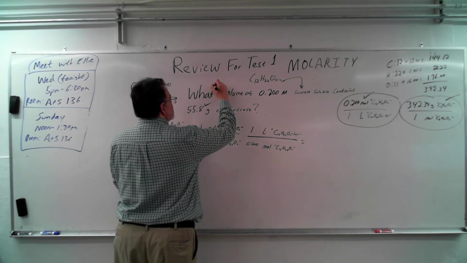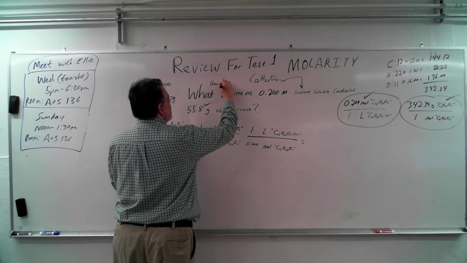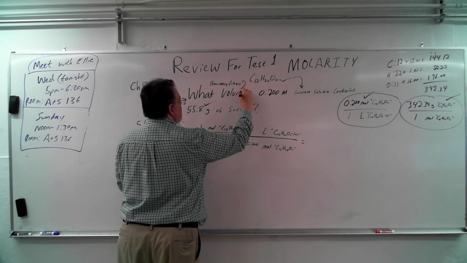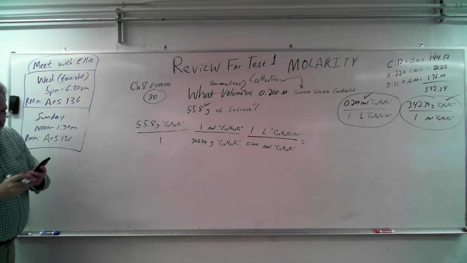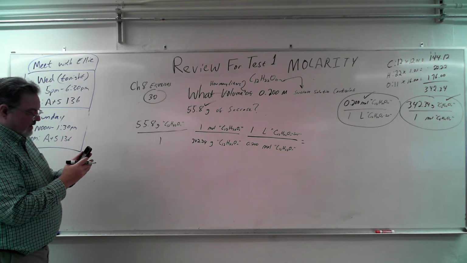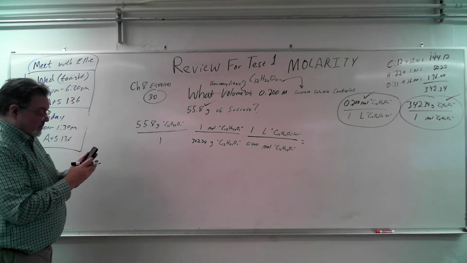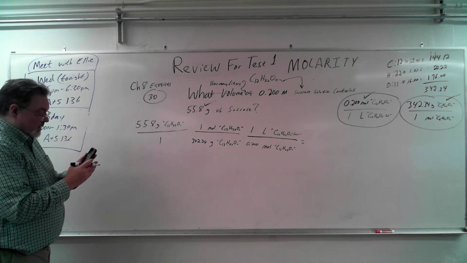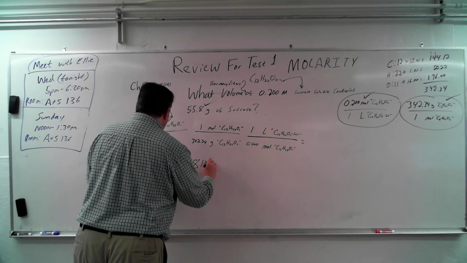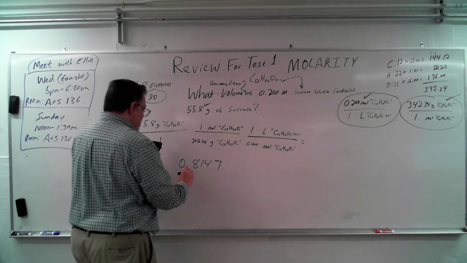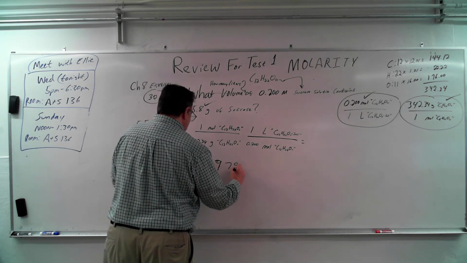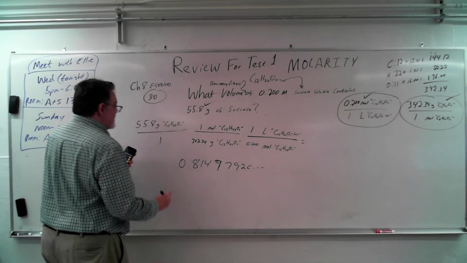What volume? I would probably say liters of solution, just to specify what the units should be. 55.8 divided by 342.34 divided by 0.2. Calculator says 814.97926 more.